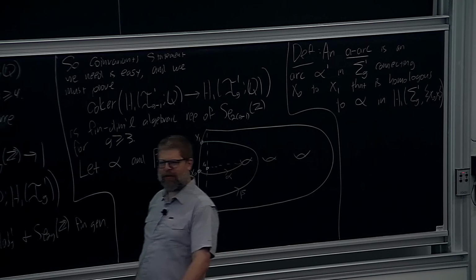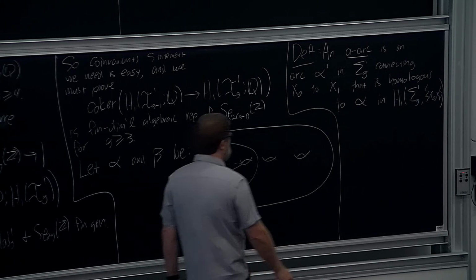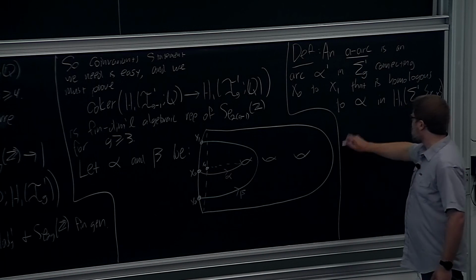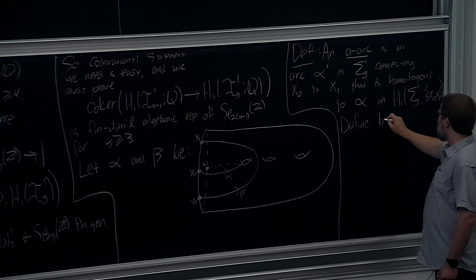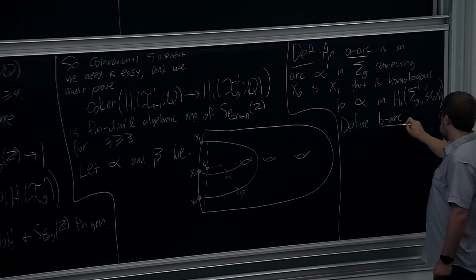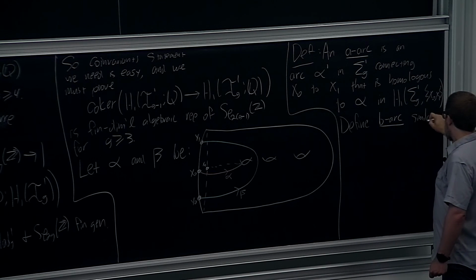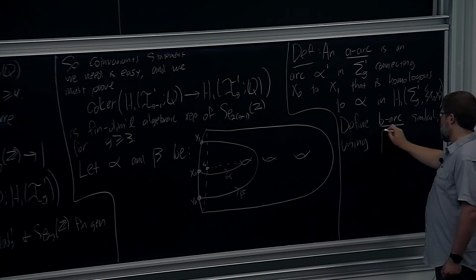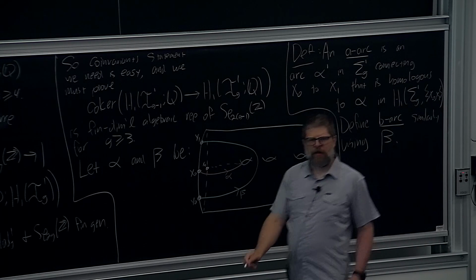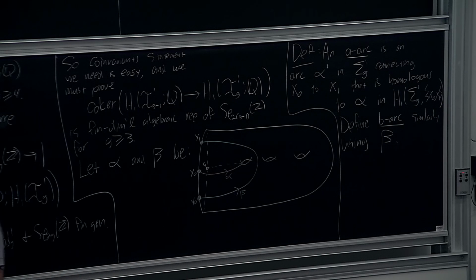That's a thing I can talk about, right? And similarly, define a B arc, similarly, using beta, okay? So I have a notion of alpha arcs and beta arcs.